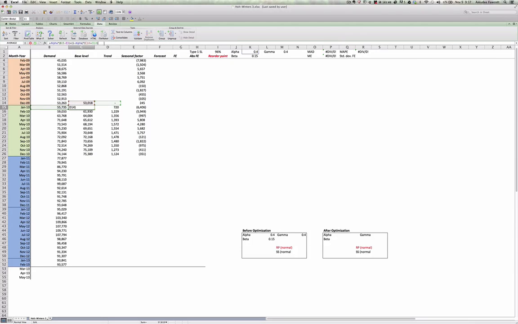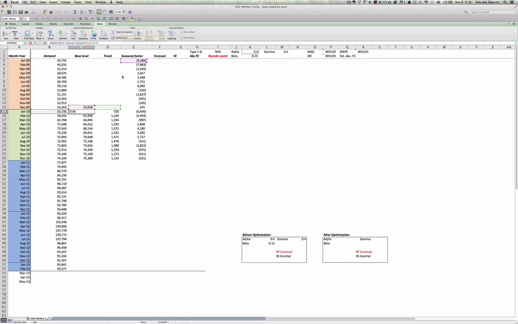factor to 2 different ways of estimating a base level. The first way is to take the actual demand observation of that period and subtract from it the seasonal factor that corresponds to this time period 1 year earlier. So in other words, we took a demand of 55,735 and subtracted from it the seasonal factor from January of 2009, negative 9,286, that is.